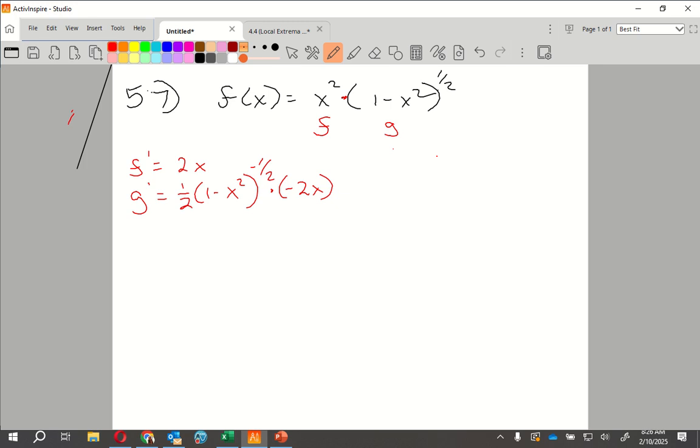Anyway, so f prime g, so it's going to be, let's see, 2x times 1 minus x squared to the 1/2 plus g prime, which is all of that times f. So x squared times, what's that going to be?